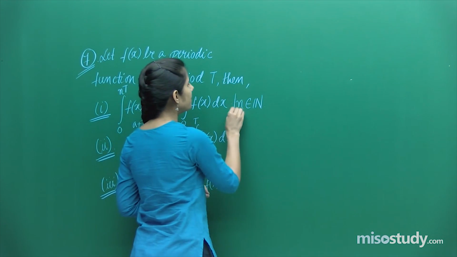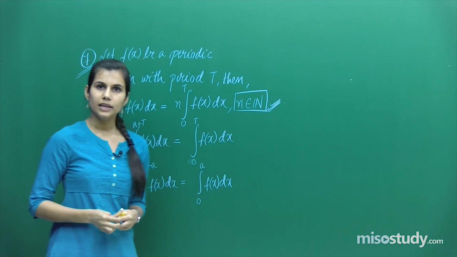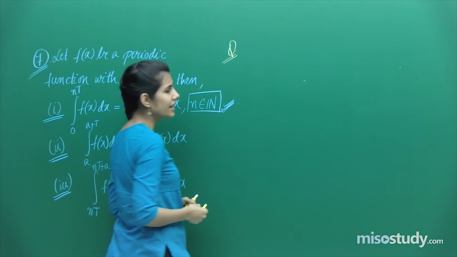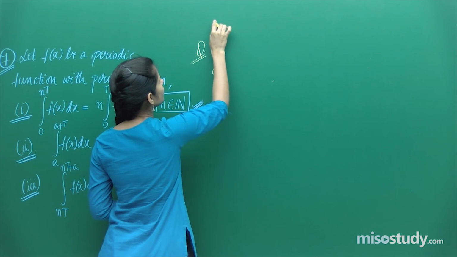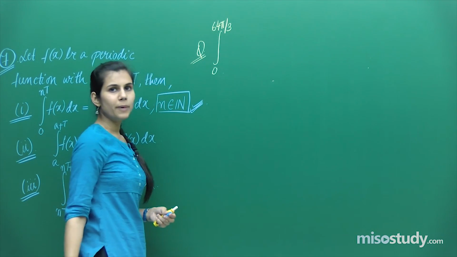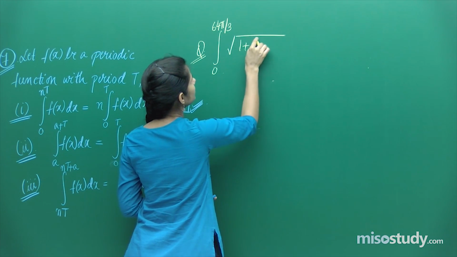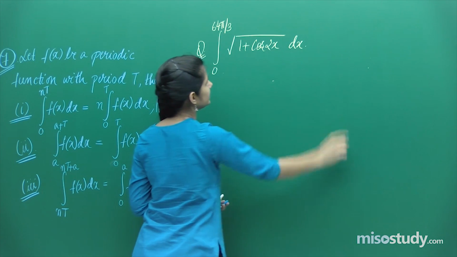Now, talking about this condition. If I give you this question in which I am saying you have to calculate the definite integral from 0 to 64 pi by 3 and the integrand is root of 1 plus cos 2x dx.